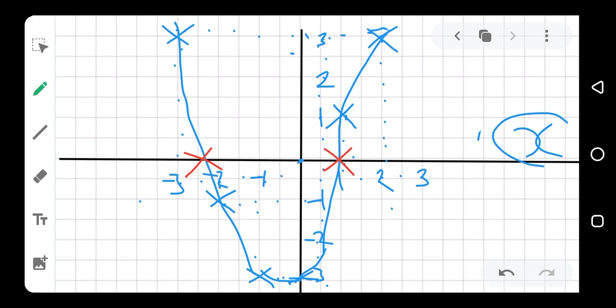Normally a quadratic equation has two roots. So the quadratic graph will normally touch the x-axis at two points. Those places are the roots of the quadratic equation. So we just come here and trace the value where it touches the x-axis, and that becomes our roots for the quadratic equation.